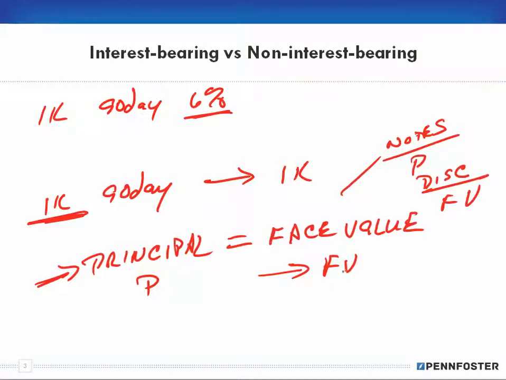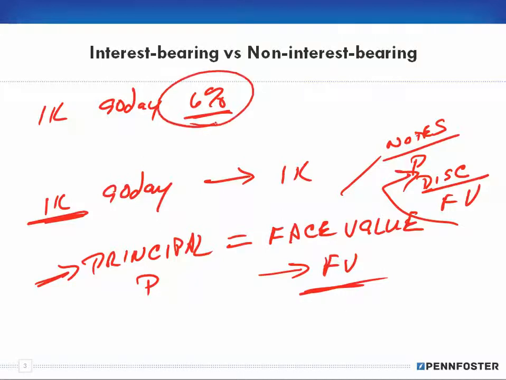So we're going to be thinking along the lines of face value, which basically still is principal. It's just a little bit different. Different terminology for a different point in the process, okay? So interest-bearing obviously has interest. Non-interest-bearing means 0% interest, okay?